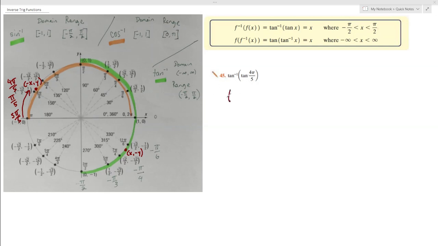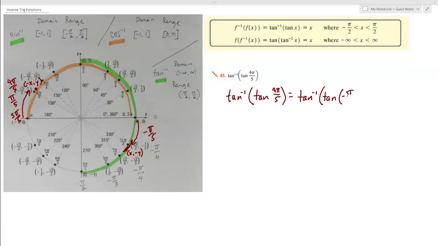So we can rewrite this as the inverse tangent of the tangent of 4 pi over 5 is equal to the inverse tangent of a tangent of negative pi over 5. We had to go back by pi over 5 to get here, so we have to go down by pi over 5, negative pi over 5, to get here.